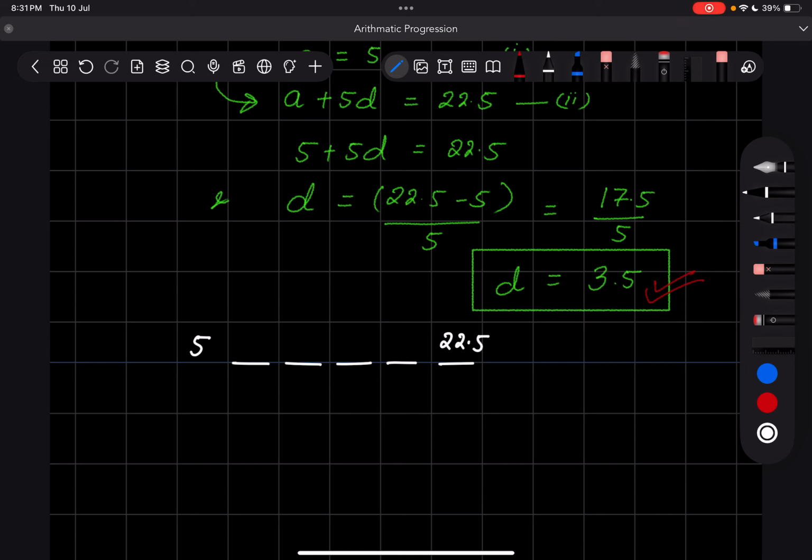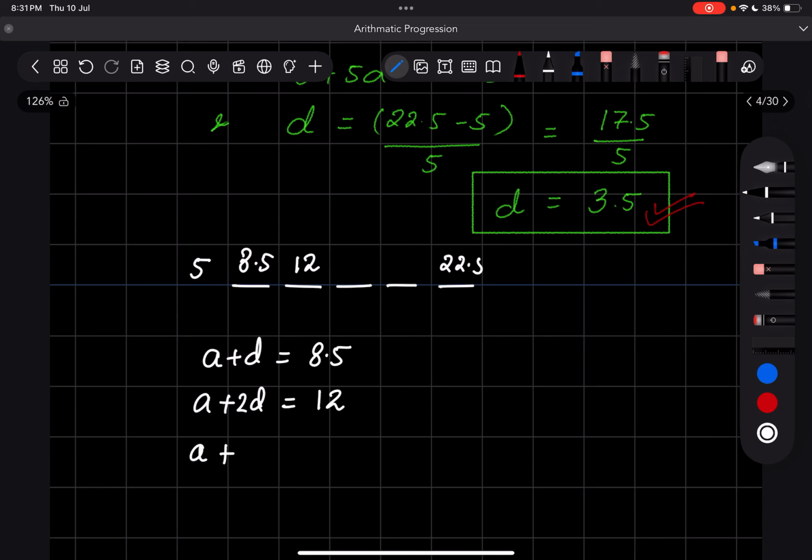Now we simply have to add d to the first term. So 5 plus 3.5, that is a plus d, is equal to 8.5. So the second term is 8.5. A plus 2d is equal to 12. So the third term is 12.